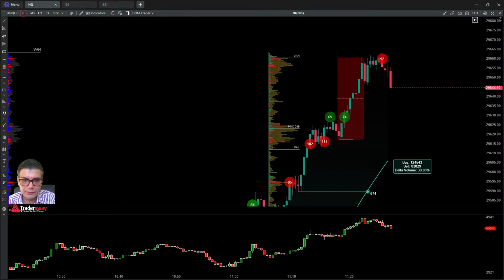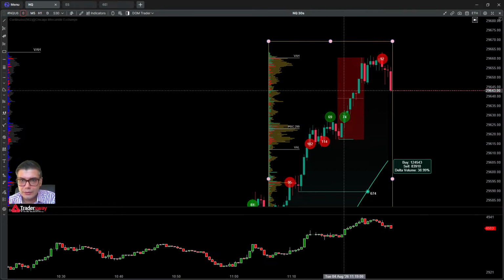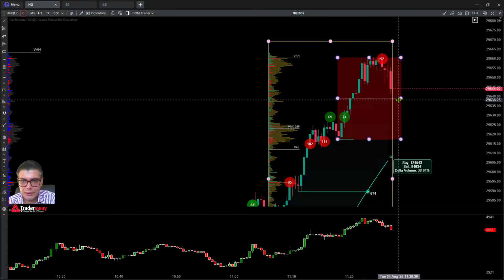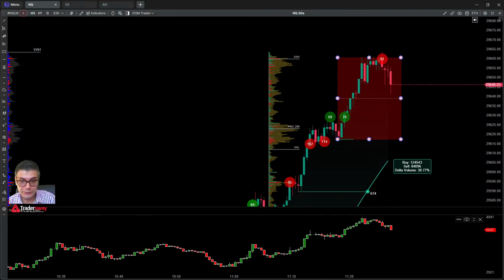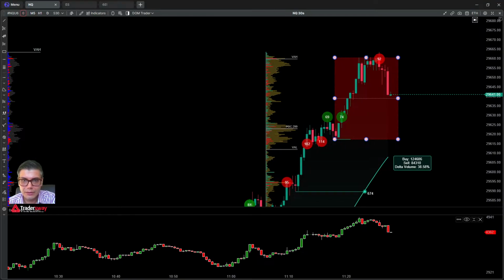Tails at the highs, that's interesting. So let's see about half, how the price is reacting to half of this area. And it closed below half of it. Here 106 contracts came right there at the half. So they're trying to push the price lower. Another 100.